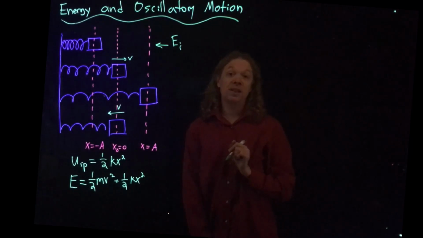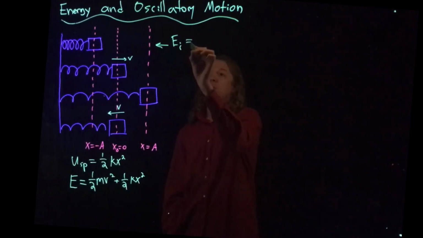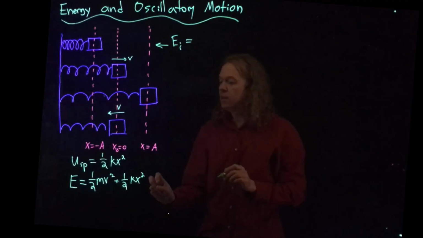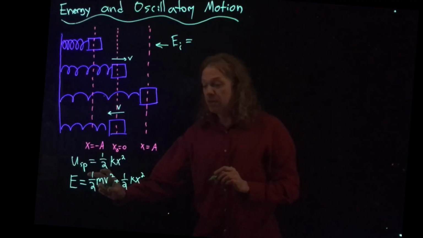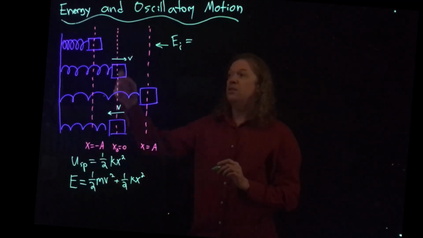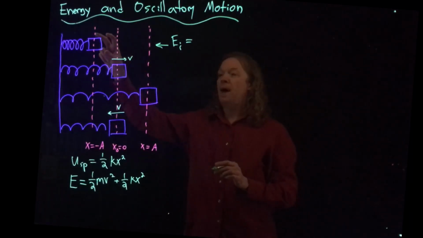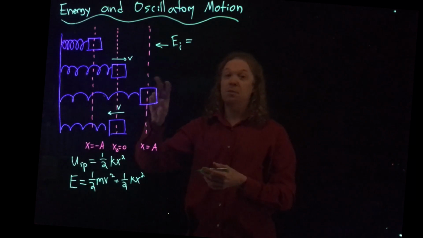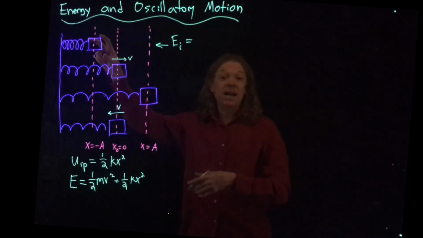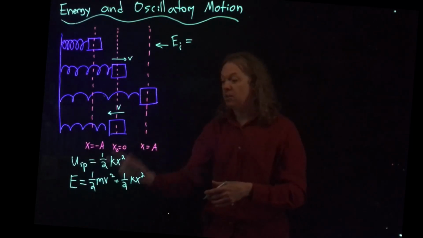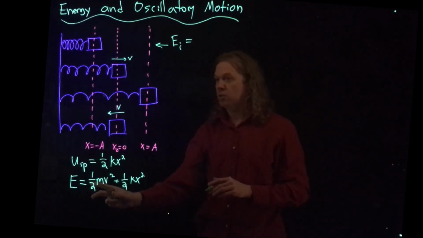Let's write down the energy for that position. It has some kinetic energy and some potential energy. But the kinetic energy is going to be 0 because the velocity of the block is 0. As the block bounces back and forth, when it reaches its maximum compression or maximum elongation, the velocity momentarily becomes 0 before it turns around.